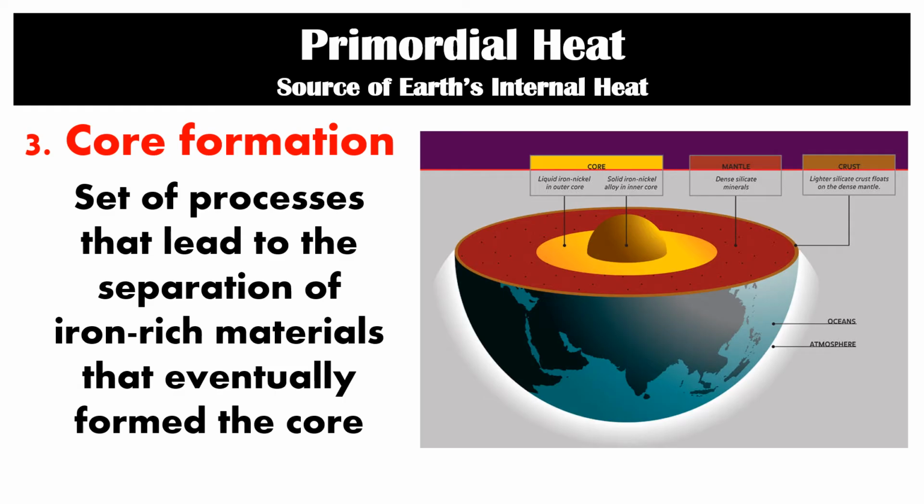So the dense materials sink to the center of our planet, forming our core, and the lighter materials floated on top of it, forming the mantle and the crust. Well, of course, habang nagsasama-sama ang mga materials na to, accretion energy is produced, which in turn causes heat.